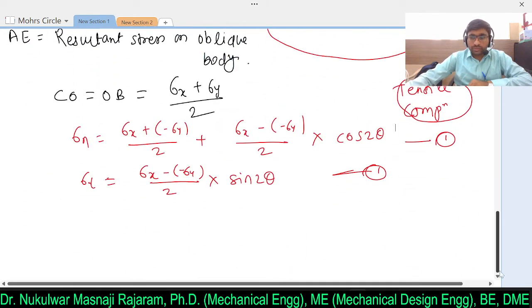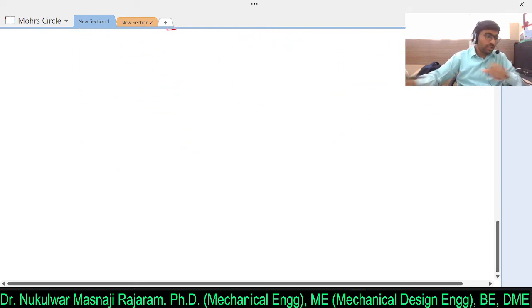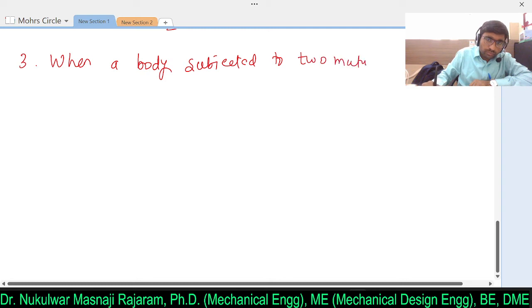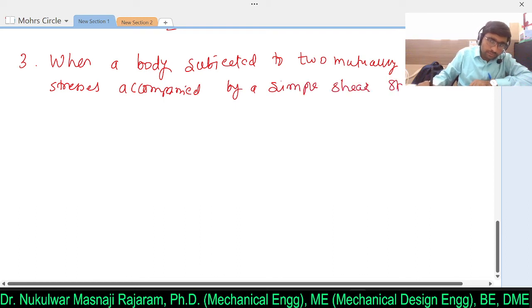For that we can use the Mohr circle. Now let's see the last case where we can use the Mohr circle, that is when a body is subjected to two mutually perpendicular principal stresses accompanied by a simple shear stress.